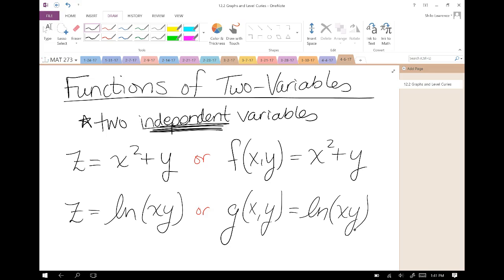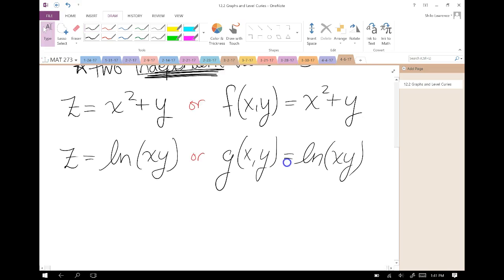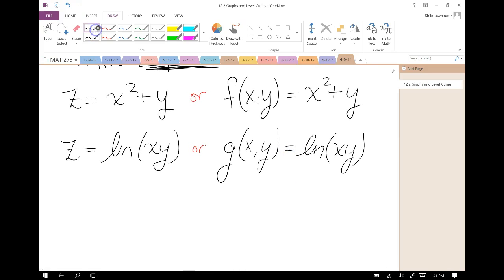They need to have different names if they're different functions. So sometimes it'll be a z, sometimes it'll be function notation, but they mean the same thing. So these guys are surfaces in three-dimensional space because there are a total of 3 variables.